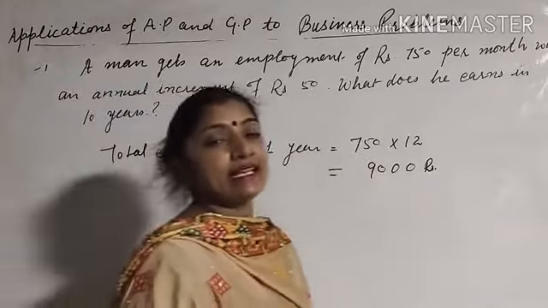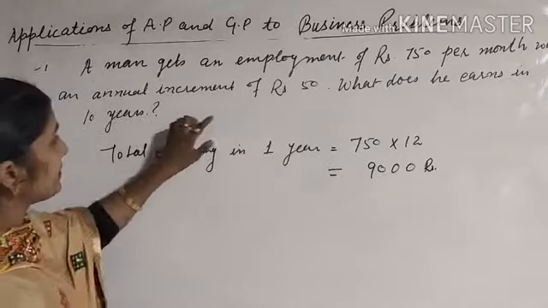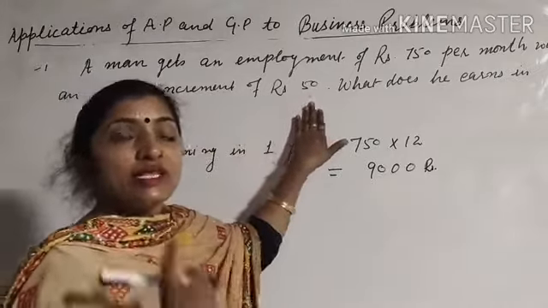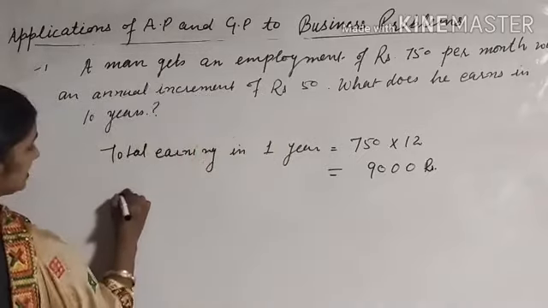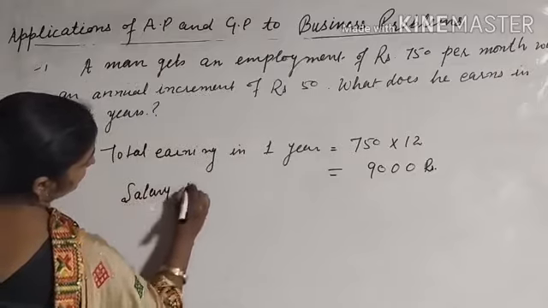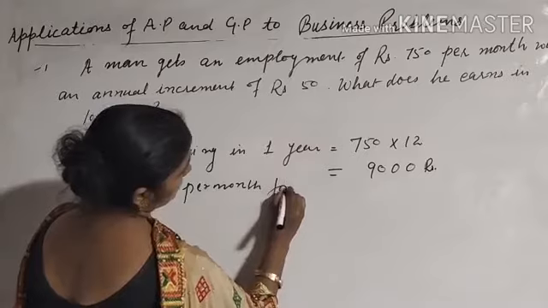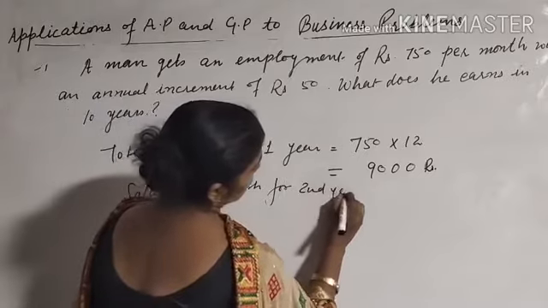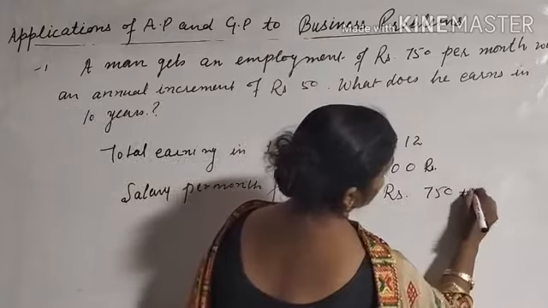In the second year, the annual increment of rupees 50 was there. So the salary per month for the second year is 750 plus 50.